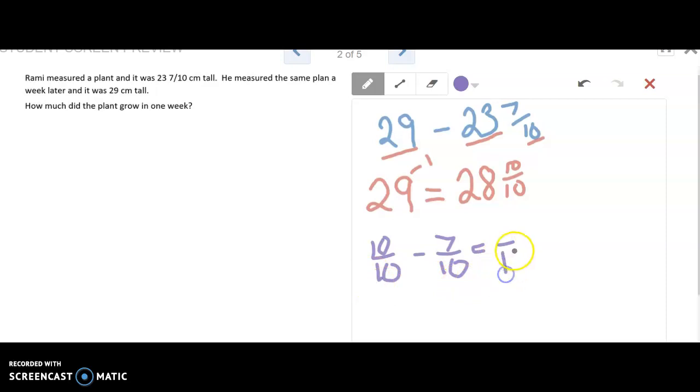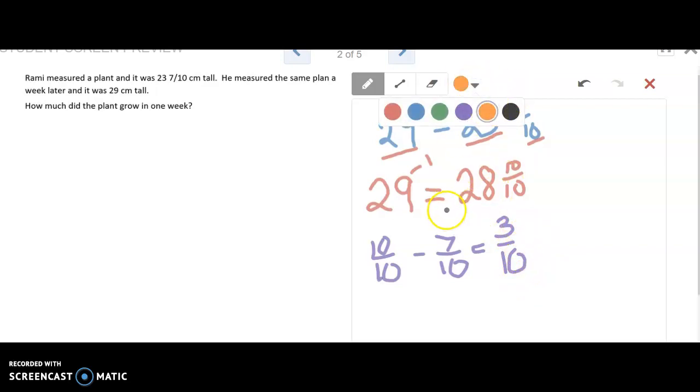We made sure of that up top when we were doing some regrouping. So we're going to keep our denominator of 10. And let me look at my numerators. 10 minus 7 gives me 3. So I've got 3/10, and that's a nice fraction. It's not improper. It actually doesn't need simplified. 3/10 is wonderful. So I'm going to keep my 3/10, but I'm not done.